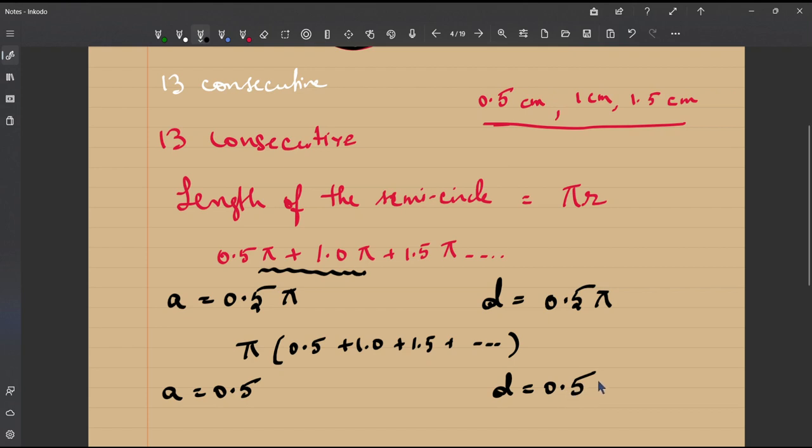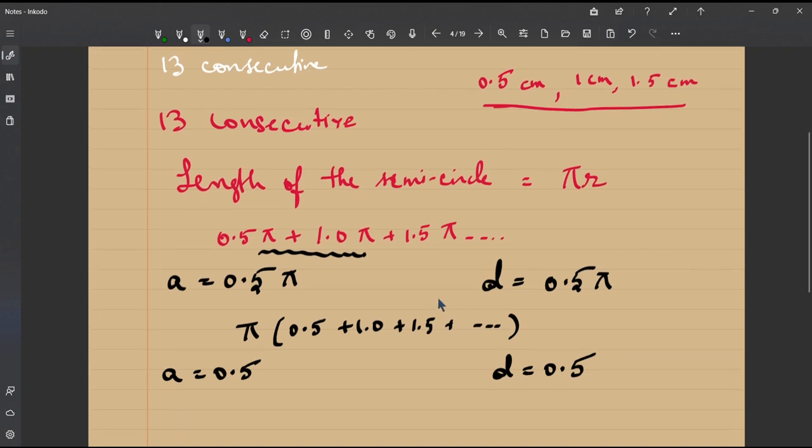Now we have seen before that the sum of an arithmetic progression can be found using the concept of average. We derived a formula for that, which is first term plus last term by 2.